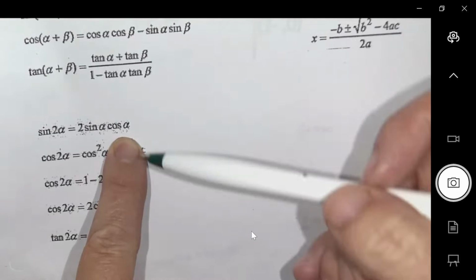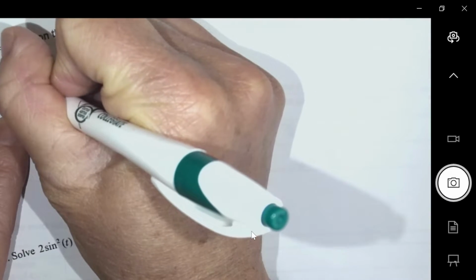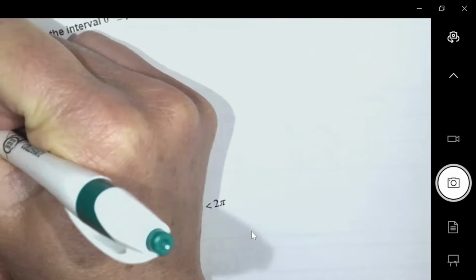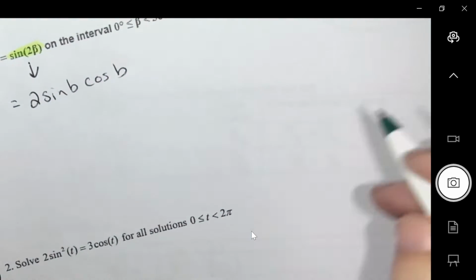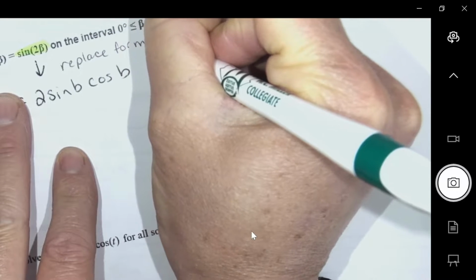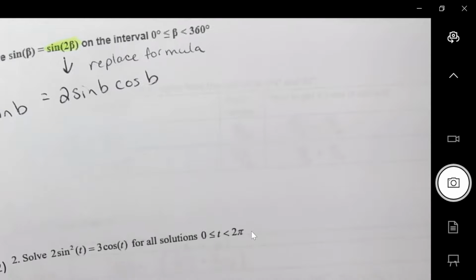The only difference is this formula has an A, but ours is going to have a B in it. So I'm going to replace that with 2 sine B cos B. Okay, and that's the only difference from our last unit.